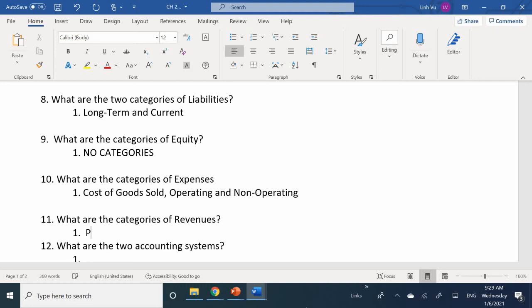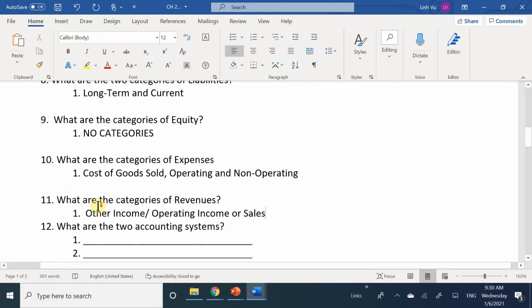Other income is one, definitely. And sales. Okay, sales, I'll give it to you guys for this one, but there's actually a broader terminology for that. But I will give that to you. So it's going to be operating income or sales. Sales, I'll accept. Okay.